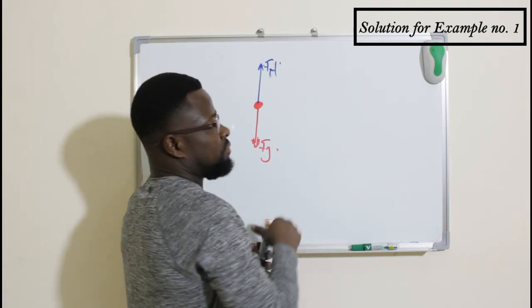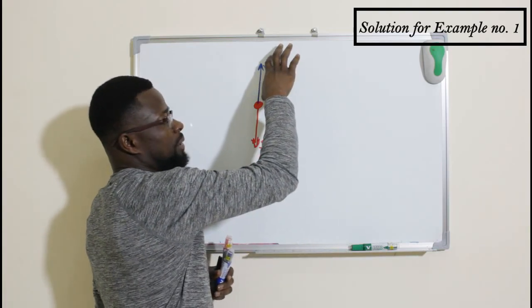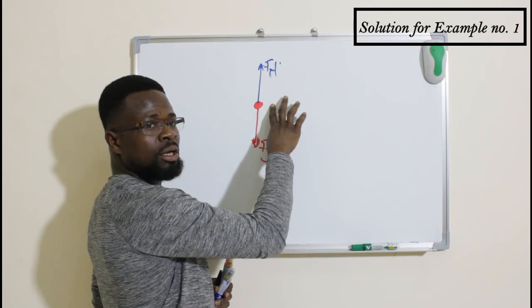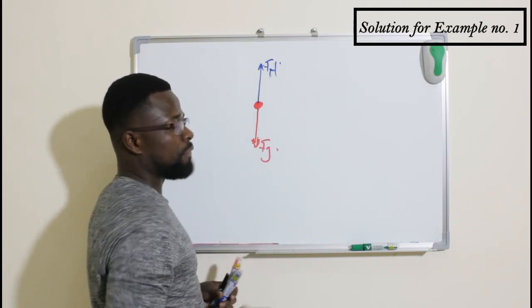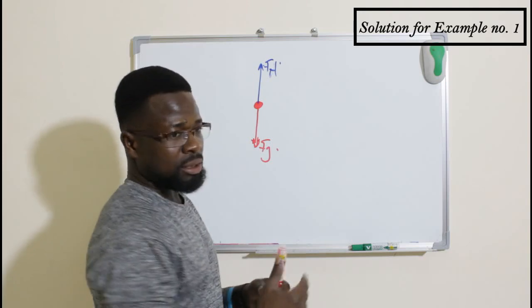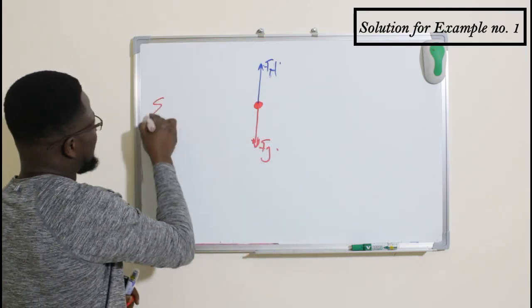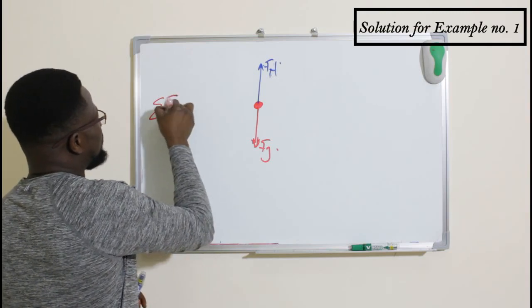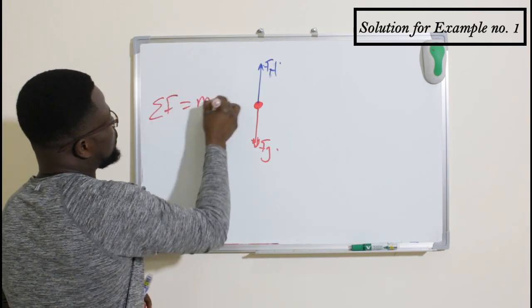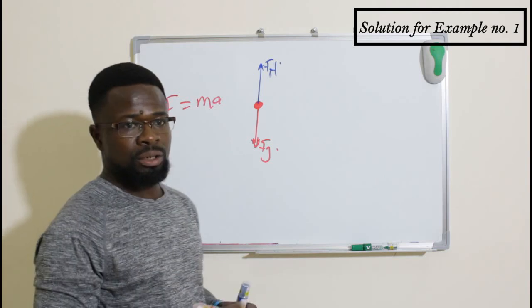Remember again that the magnitude of this normal force is equal to the magnitude of the weight. So now that we have this, we can solve the problem. We begin by saying that the sum of the forces is equal to the mass times the acceleration.